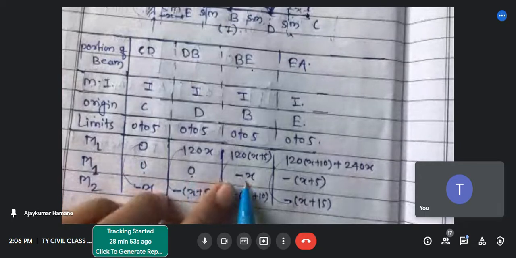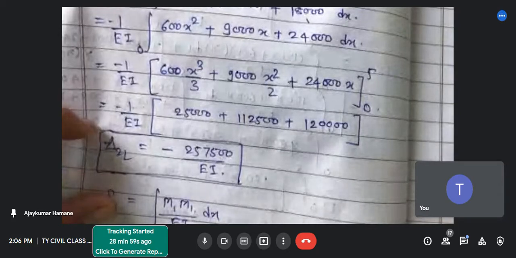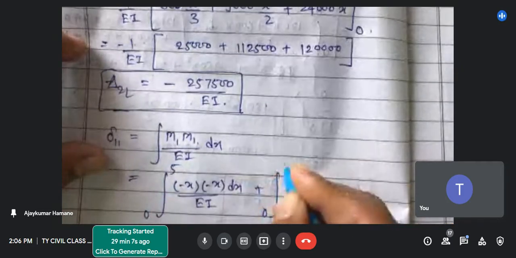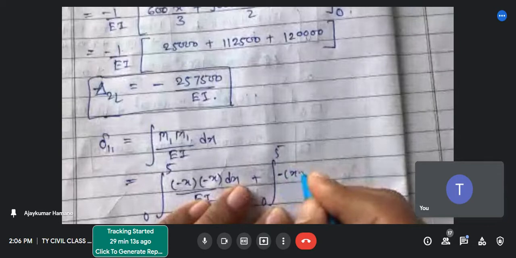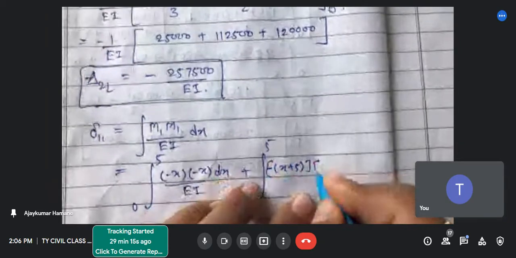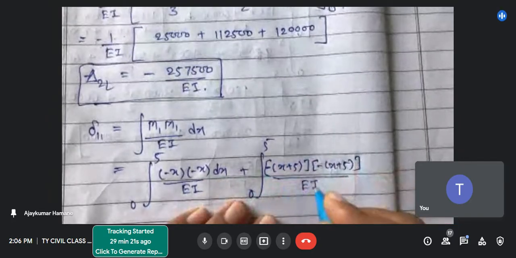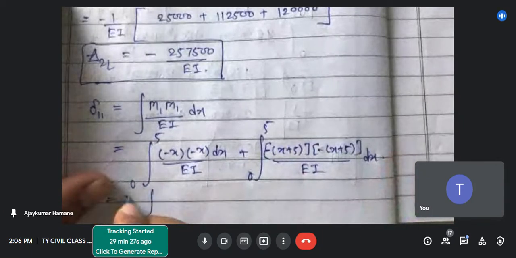M1 is 0 here, then minus x plus 5, so I will write minus x dx divided by EI, 0 to 5, plus 0 to 5 minus x plus 5 multiplied by minus x plus 5, because M1 multiplied by M1 divided by EI into dx. Now 1 by EI common, because minus minus becomes positive.